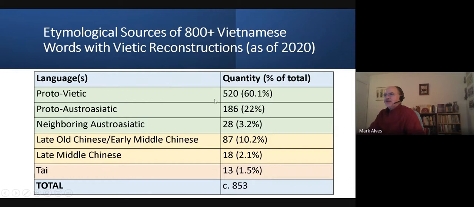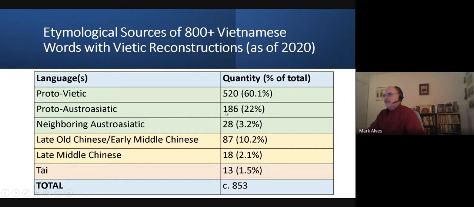So of those 800, Proto-Vietic is about 60% of it. And when I say Proto-Vietic, I mean that it's not in other Austroasiatic languages. If it's in a lot of Austroasiatic languages, then it's in this category, Proto-Austroasiatic. Okay, quite a few though. Look at that.